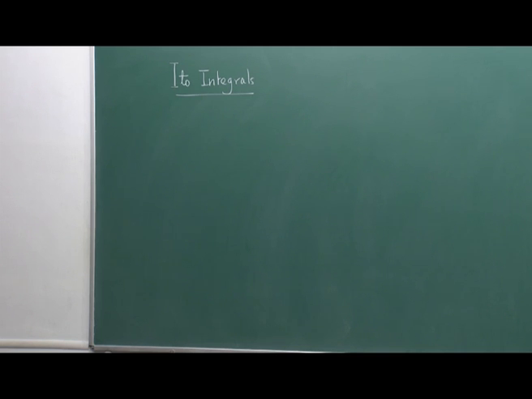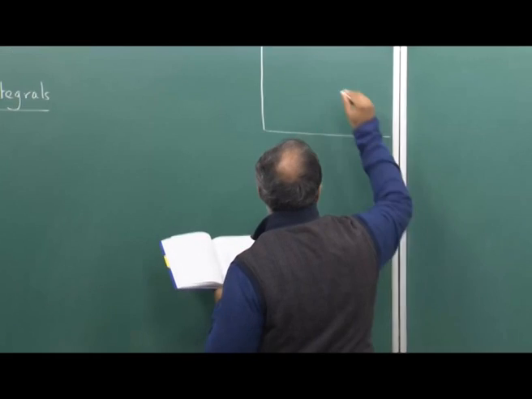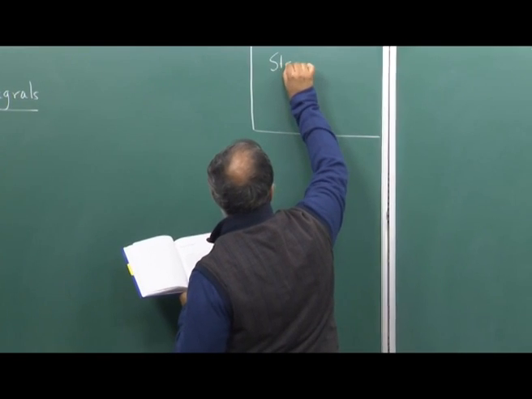And in the remaining part of the course, I will follow a single book, which is one of my favorite books in mathematical finance. It is called Stochastic Calculus for Finance.